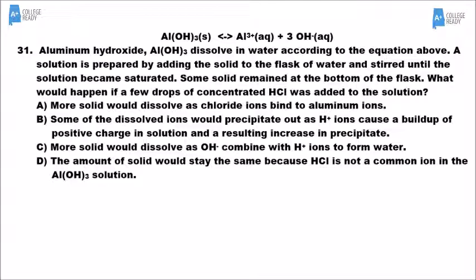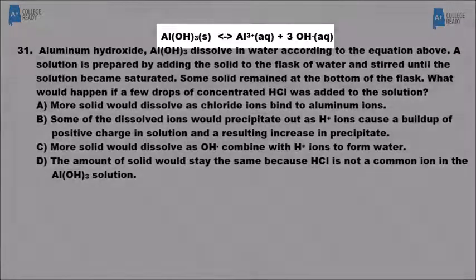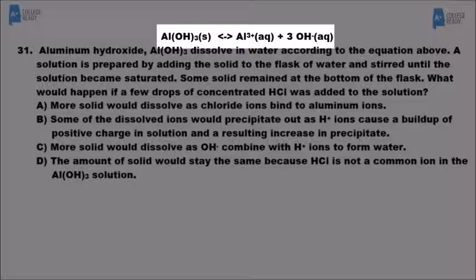A lot of reading, but it comes down to this: it is a saturated solution. Some solid still remains, so this is a solution in equilibrium. If you added some chloride ions and some hydrogen ions, because it's concentrated hydrochloric acid, what would happen? Well, notice that chloride is nowhere in this equation, so the chloride would have no effect.